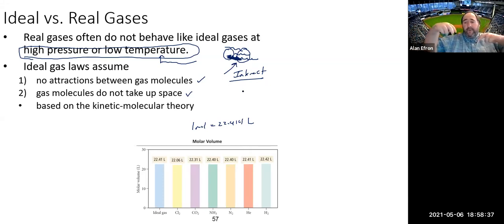Like if two people are walking by each other at a very slow pace, they're near each other for a lot longer. Somebody running past you is obviously moving past you a lot faster. So that's going to cause a lot more interaction, as we talked about with that high pressure, resulting in that low volume.